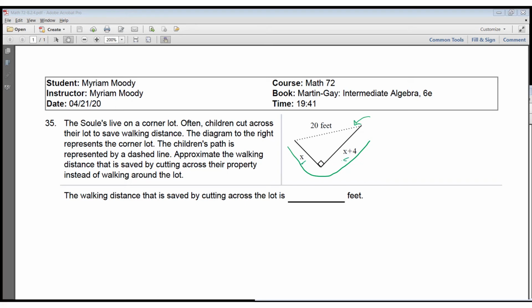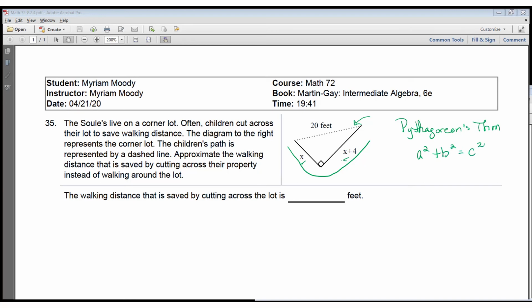Okay, but you see what this is a picture of? Yep, it's a picture of a right triangle again, isn't it? And if it's a right triangle, then what do I think of? Good, I'm thinking of Pythagorean's theorem again. And since I'm dealing with Pythagorean's theorem again, I have to remember the theorem. Yep, a squared plus b squared equals c squared.